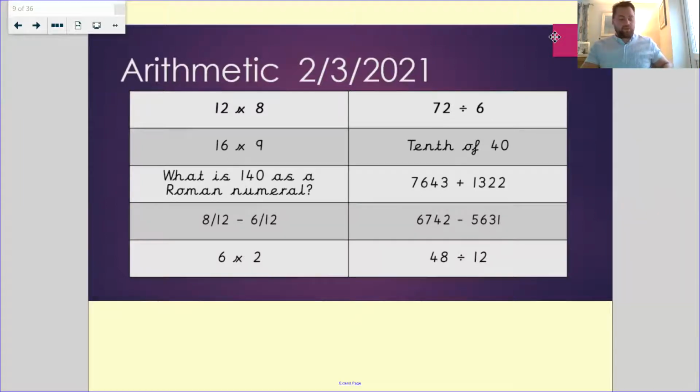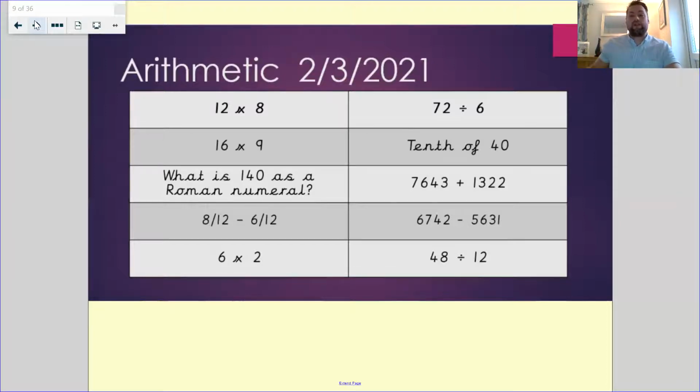The next question, we've got 6,742, take away 5,631. You're going to like this one. Your answer is 1,111, all the ones. And the last question, 48 divided by 12 is equal to 4. So well done if you've got them all correct.